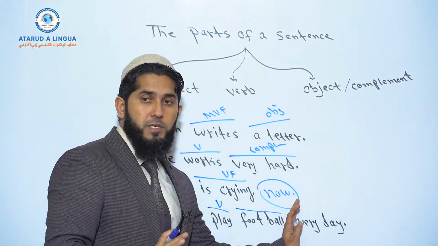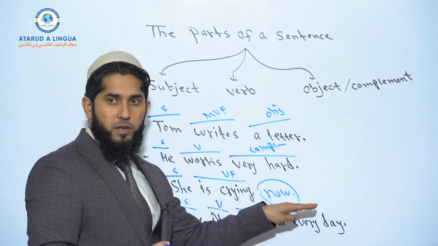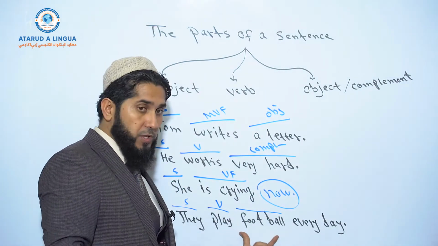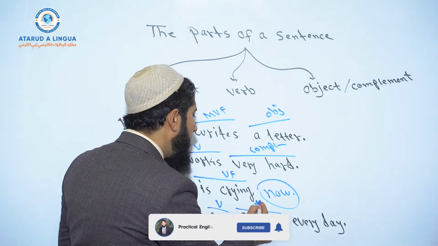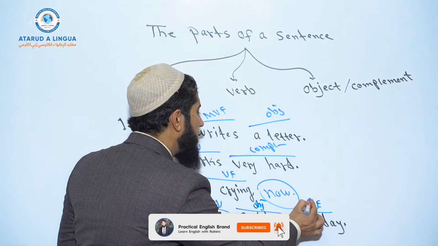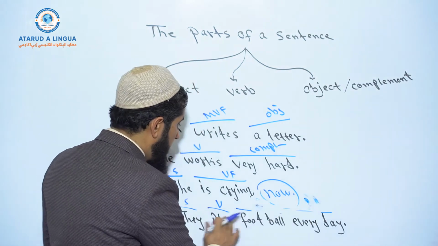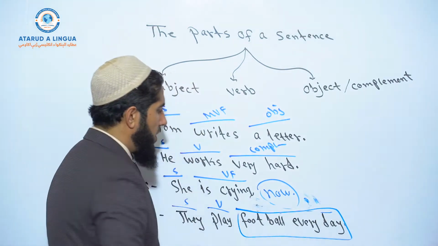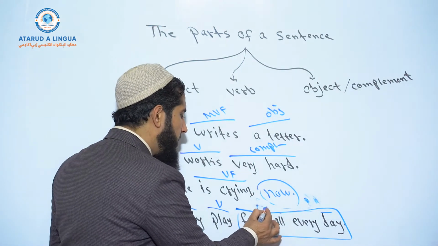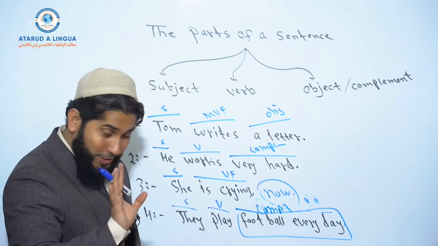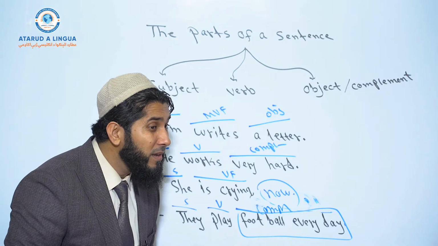If you do not bring the time expression "every day," it is just the object. Then "every day" is a time expression. Or you can say that after the main verb, the combination of this object and the time expression together is a complement. So an object could be called a complement, but a complement cannot be called an object.